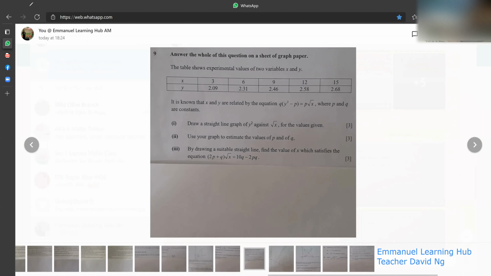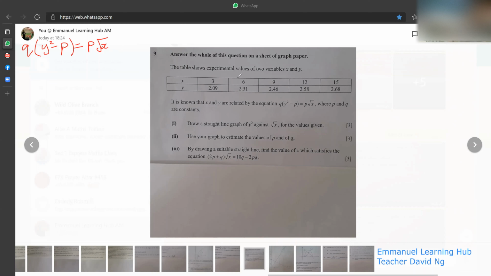So you will have y squared. Okay, let me write out this. q(y squared minus p) is equal to p square root x. Then you plot square root x against y squared, or y squared against square root x.